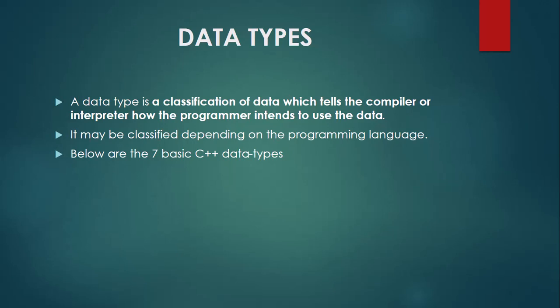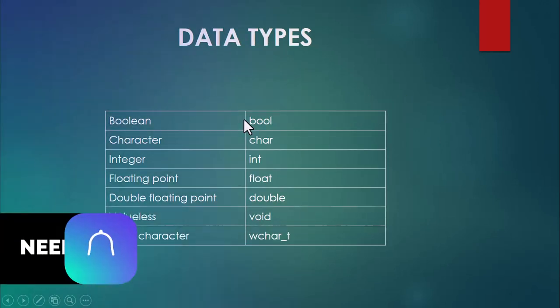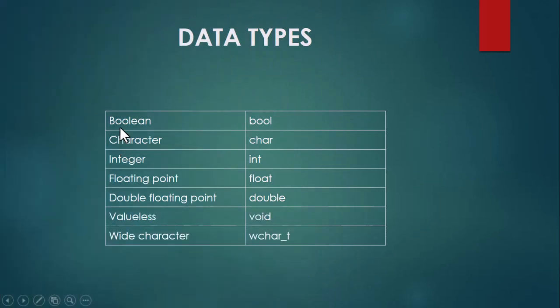So the 7 basic C++ data types are shown below. We have boolean, which we write as bool, then character, integer, floating point, double floating point, valueless, and then wide character.